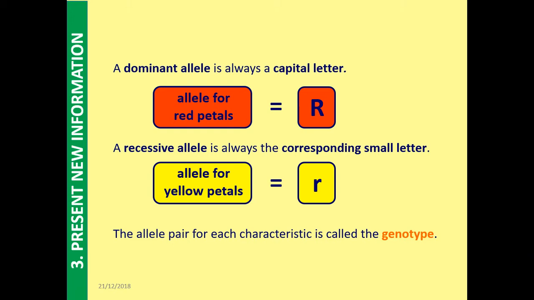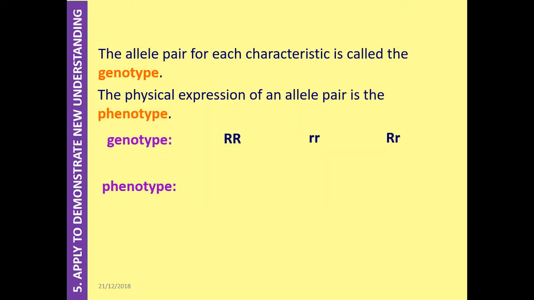So the pair of alleles is called the genotype. So we've got some pairings of alleles here, and we've also got another new word, phenotype. Think of the first two letters of phenotype as being physical. What do we physically see when we have this particular genotype?